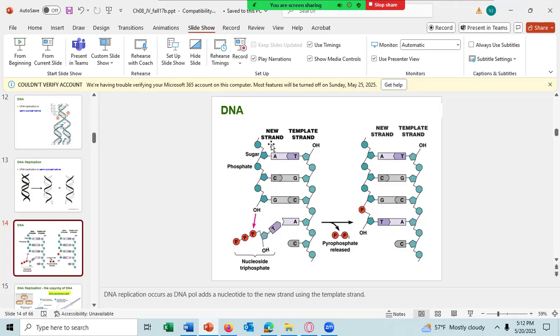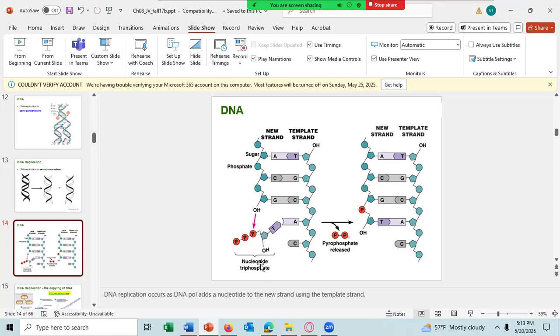All these bases that are added will be a nucleoside triphosphate, and then the bond will break right here. That's a high energy bond, and that allows this T to be added to this growing strand of DNA, meaning that adding that takes energy, and where the energy comes from is actually not from ATP.